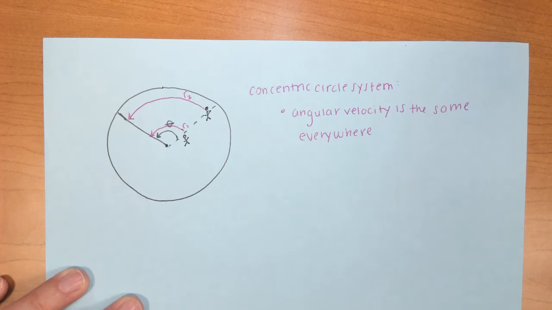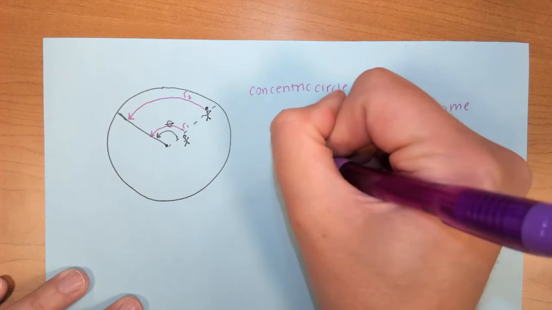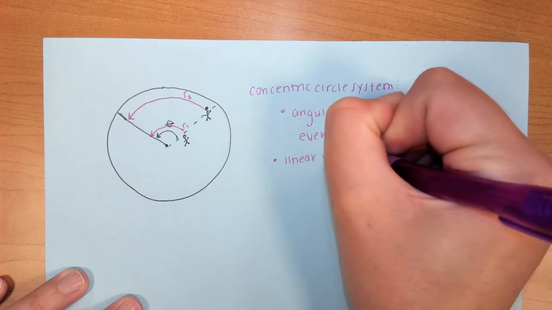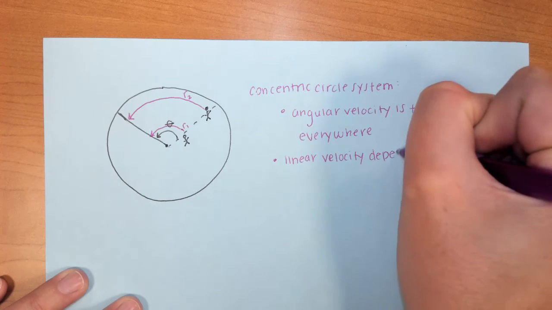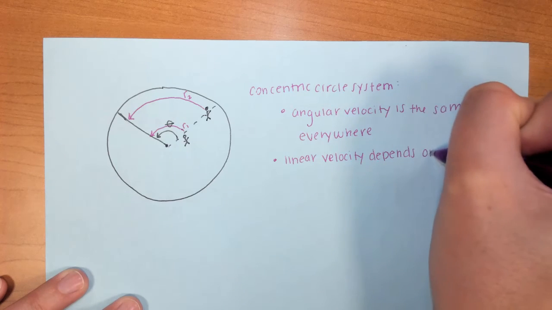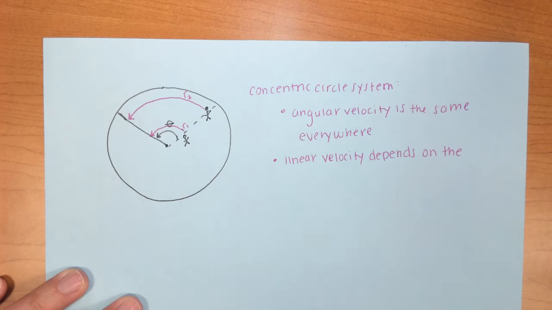One point you have to know about a concentric circle system. Point number 2, the linear velocity depends on the radius or the distance away from the center.